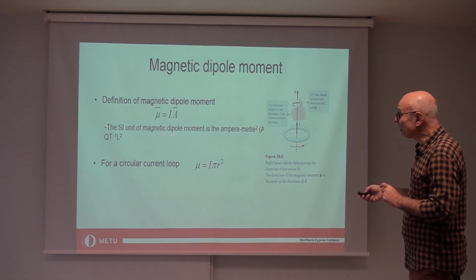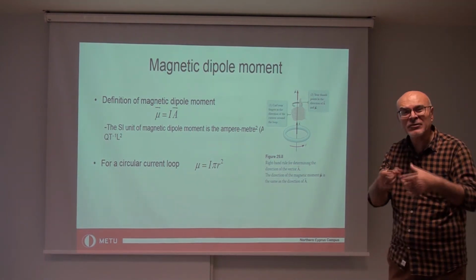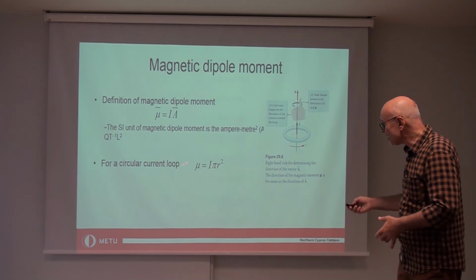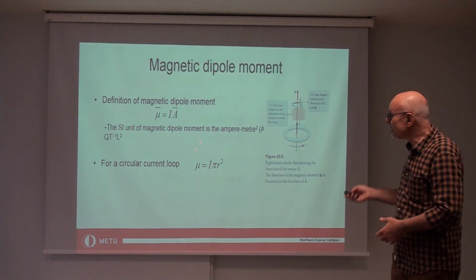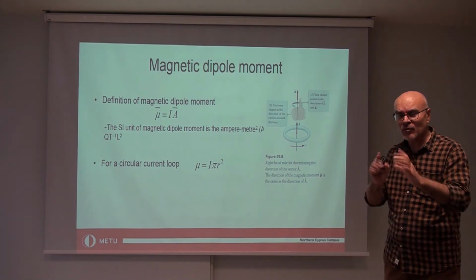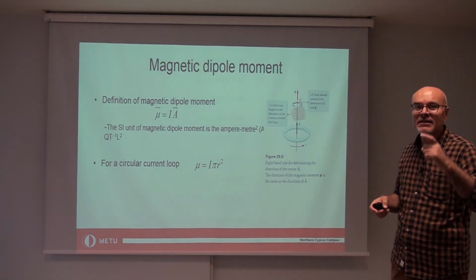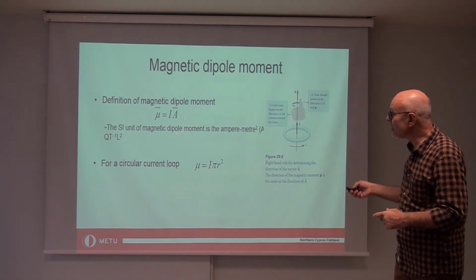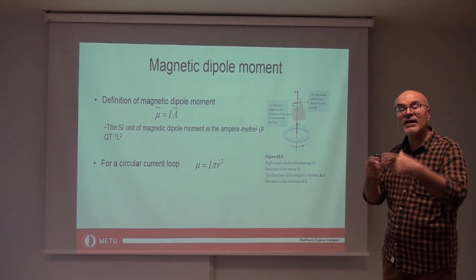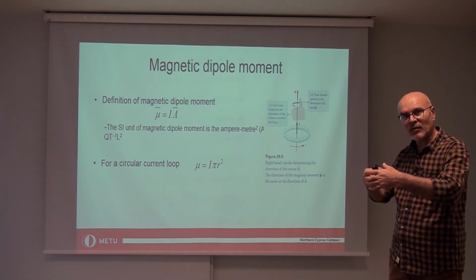But this definition applies to any loop, not only to a ring. This is the special case when you have a ring. This definition applies to any loop, so don't misunderstand me. When I said you have a loop, it does not mean a ring only, okay? So this is something that you define for any planar loop.